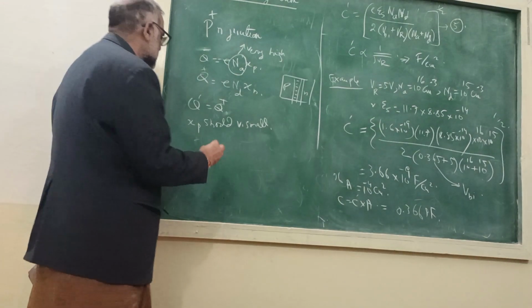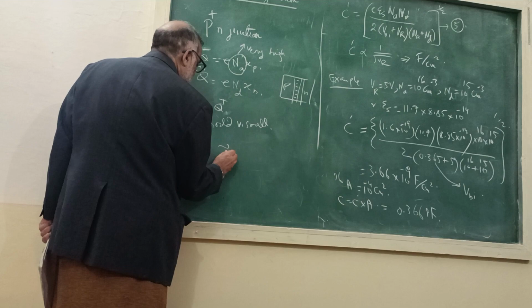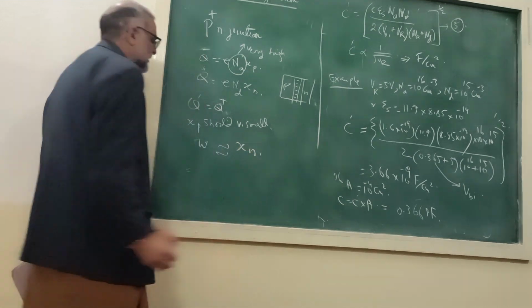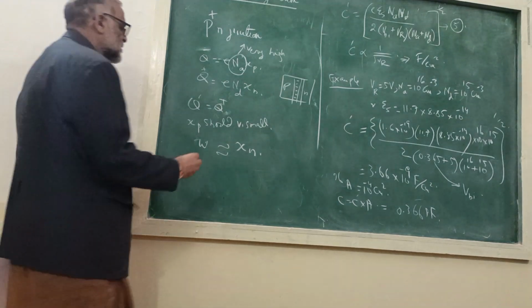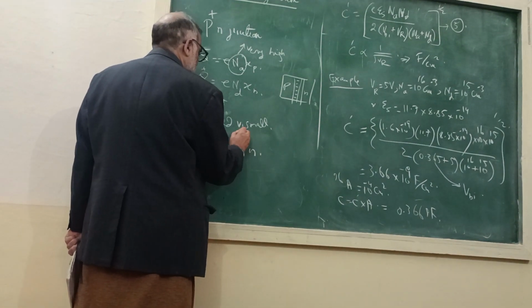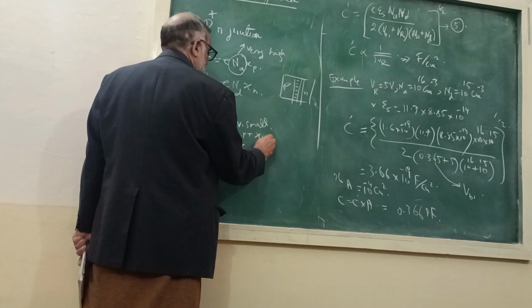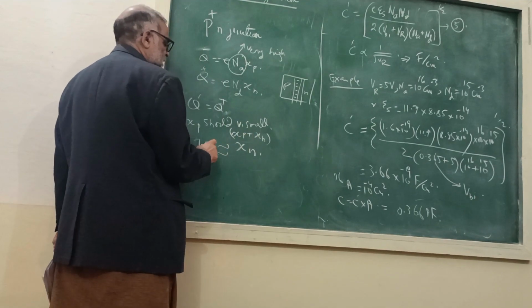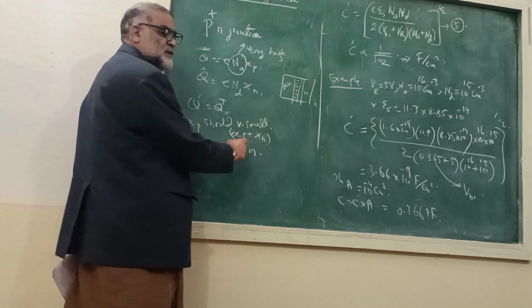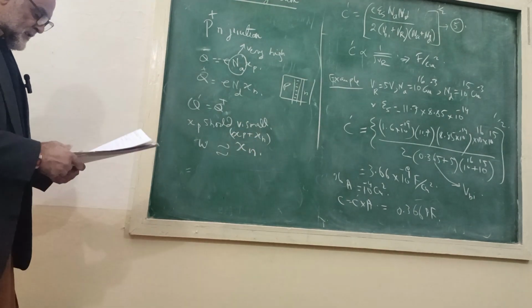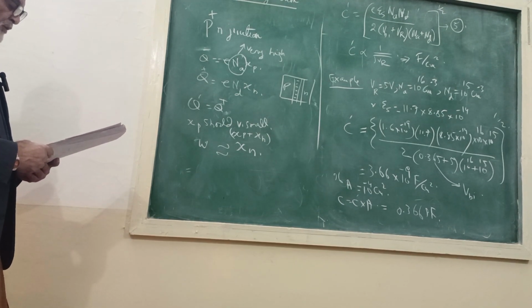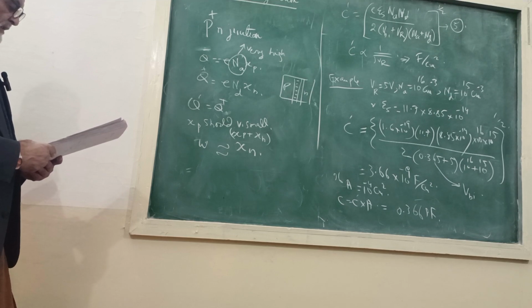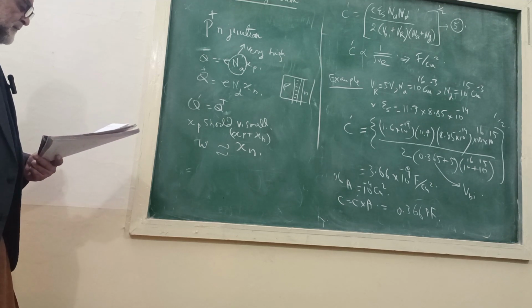The W will be nearly equal to XN. W is generally equal to XP plus XN. But here, since XP is very small as compared to XN, we write W is nearly equal to XN.